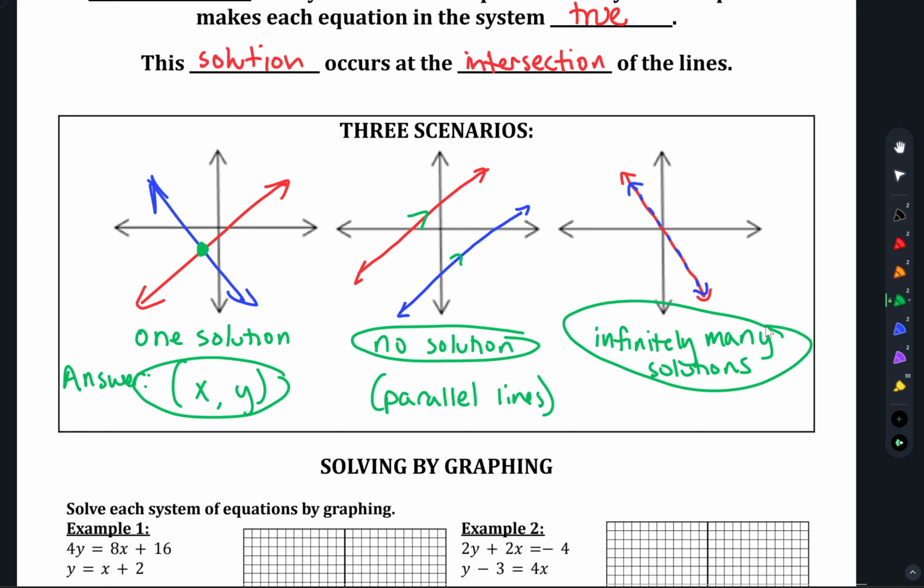That is what we would write instead of a coordinate. This happens when we are looking at the same lines. Questions on these three scenarios?